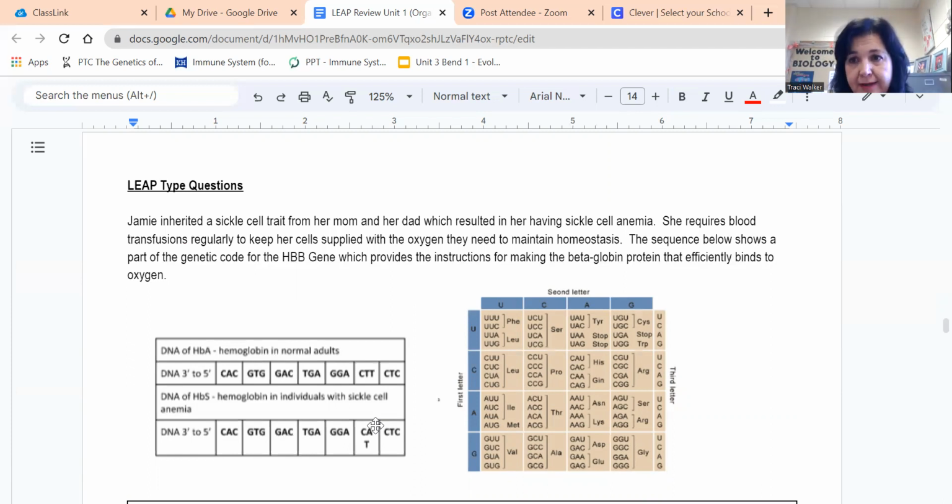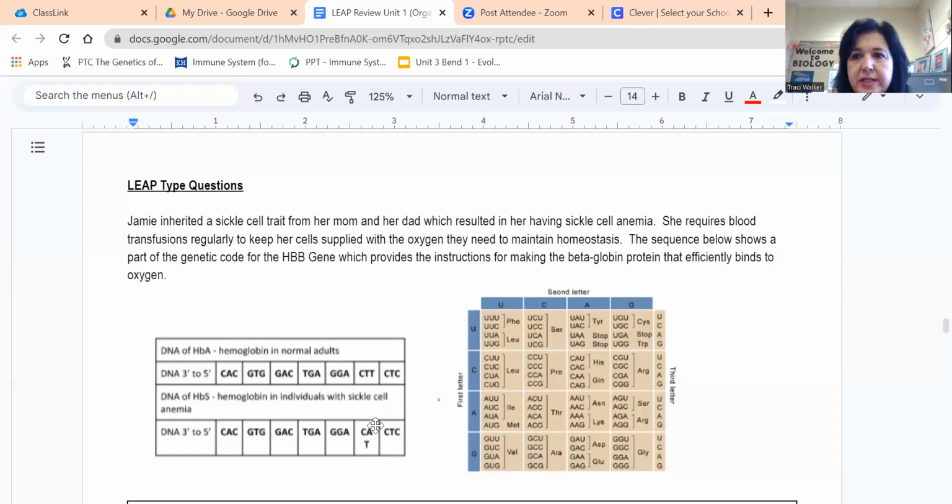But you still need to read the passage because some of the information you need and some of it you don't need. And so they're testing your ability to read and sort through information and figure out what you need and what you don't need. Kind of like when you are doing a Google search and you type in a question and lots of answers come up, and you have to figure out which answer is the correct answer or which one is the best answer. You're showing your skill in that area.